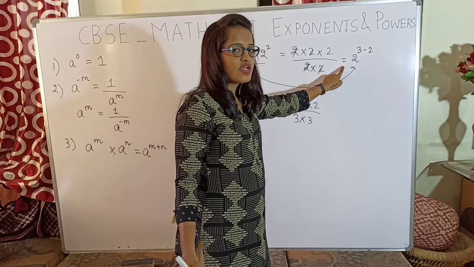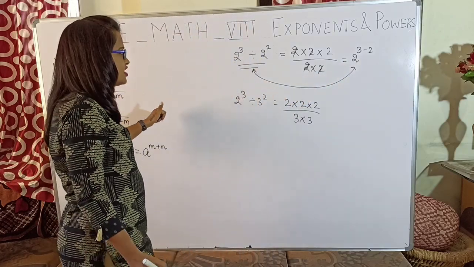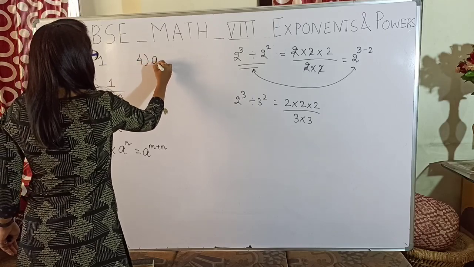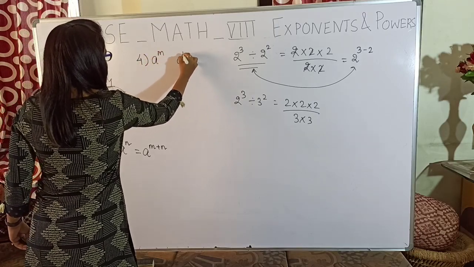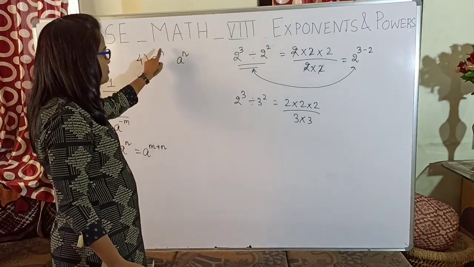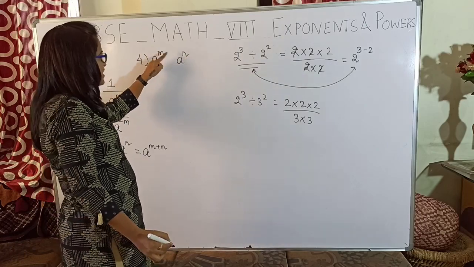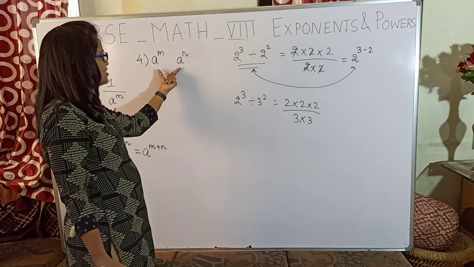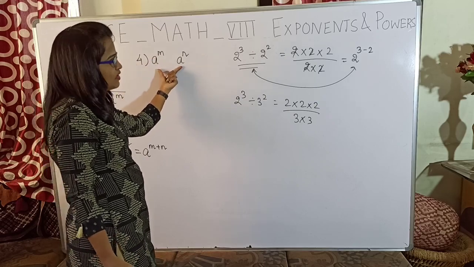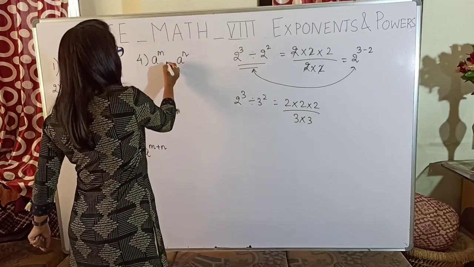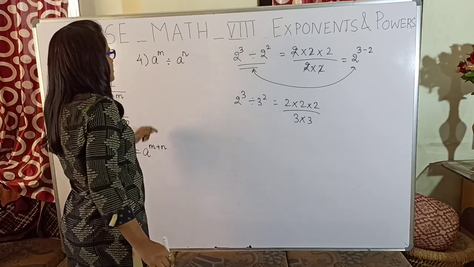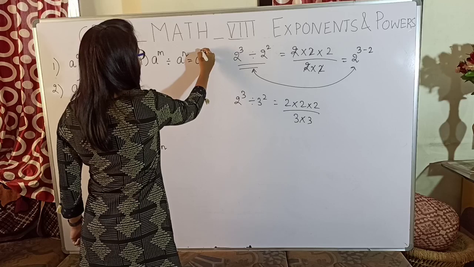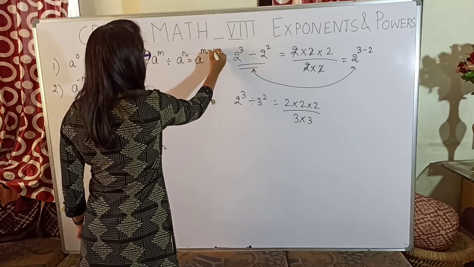So this becomes your next law, which says if the bases are the same, a raised to m, a raised to n, the index could be different or the same. That is not a condition, but the condition is the base has to be the same with a division sign between the two numbers. In this case, your answer will be a raised to m minus n.